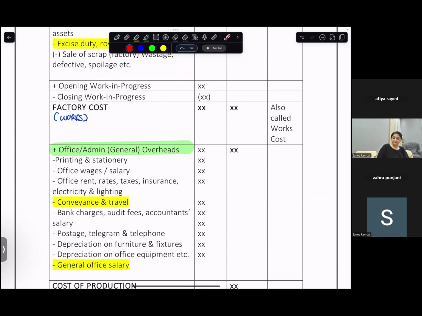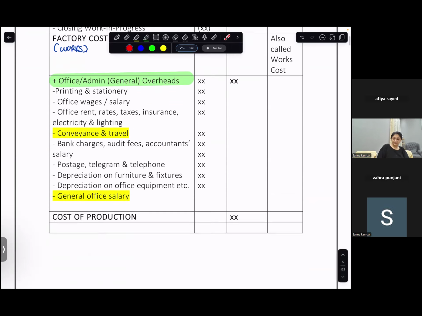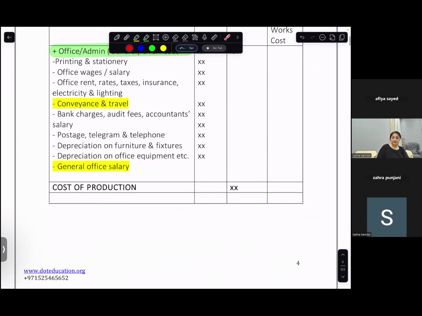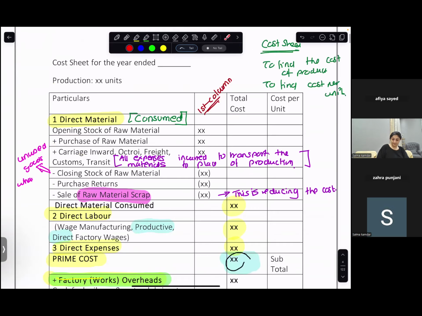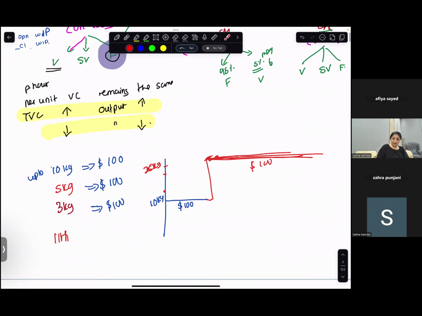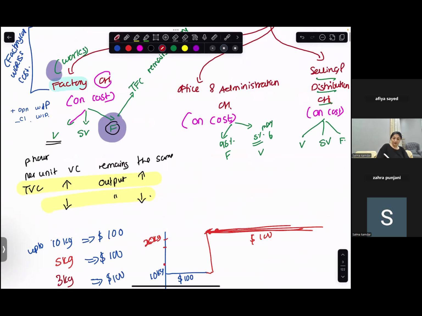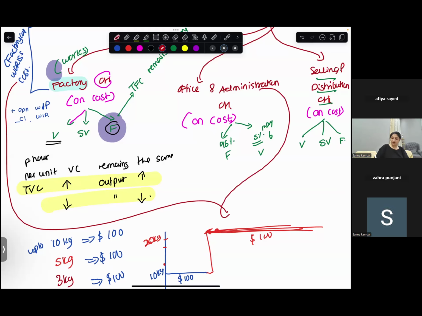Once you add your office and administration overheads to your works cost, you're going to get your cost of production. So your cost sheet ends at the cost of production.